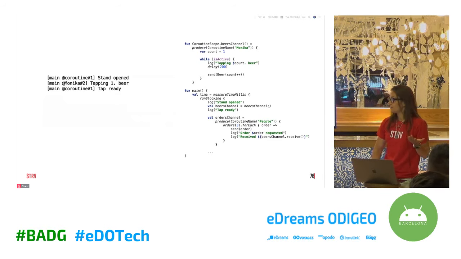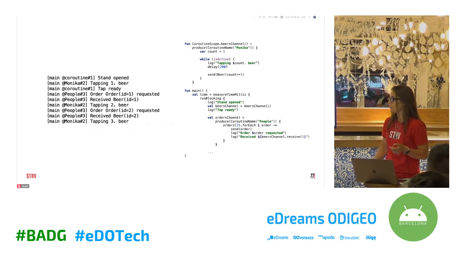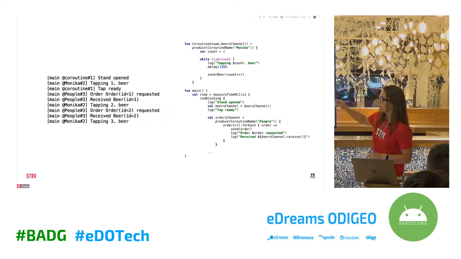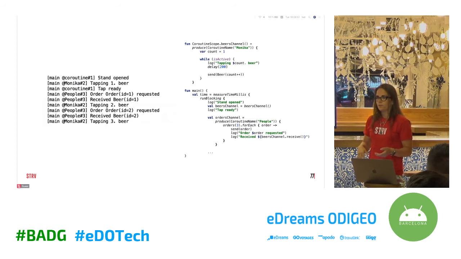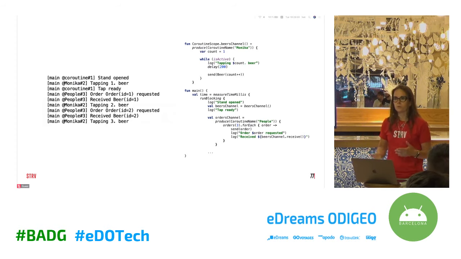And the same thing is happening for the rest of the program as well, because each beer is actually getting tapped before an order was requested. And you know, if a beer was tapped and there was no order, then the beer will lose its foam. And I don't know how it is here, but in the Czech Republic, that's a really serious issue.